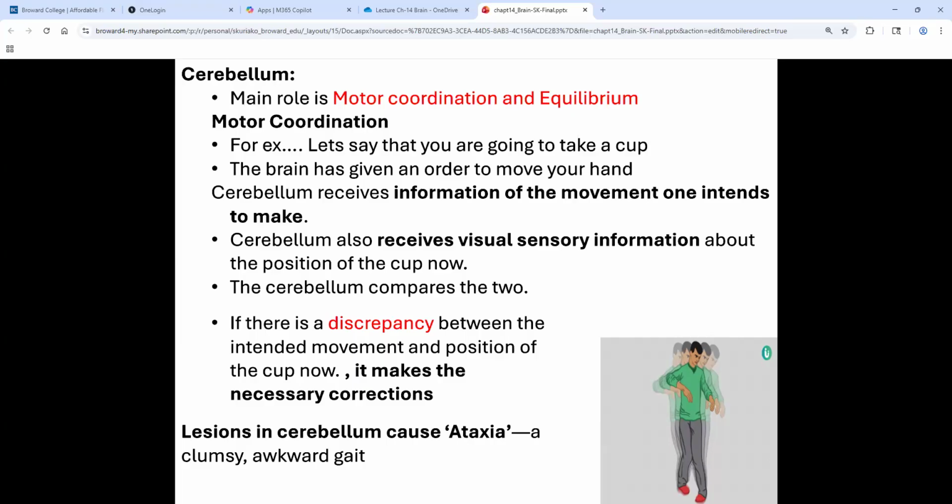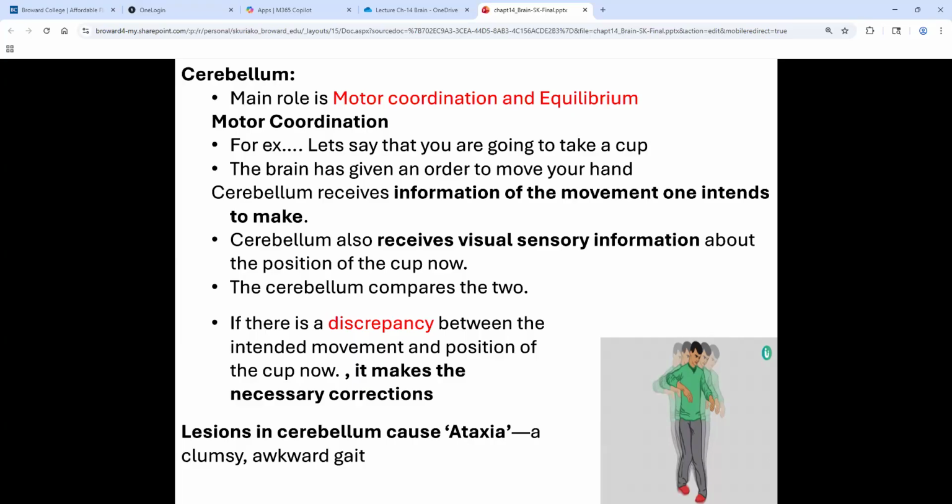What has happened is that the visual impulses have reached the cerebellum. Now the cerebellum knows the original plan, but the visual impulses reached the cerebellum, and the cerebellum understood there's a discrepancy now. If he moves his hand in the original order, he won't get there.